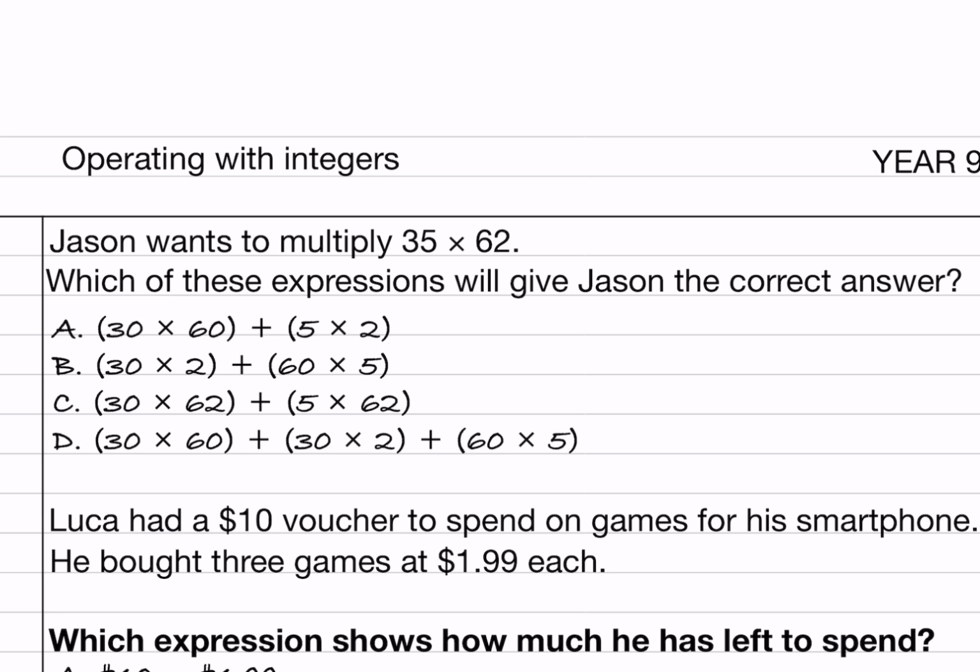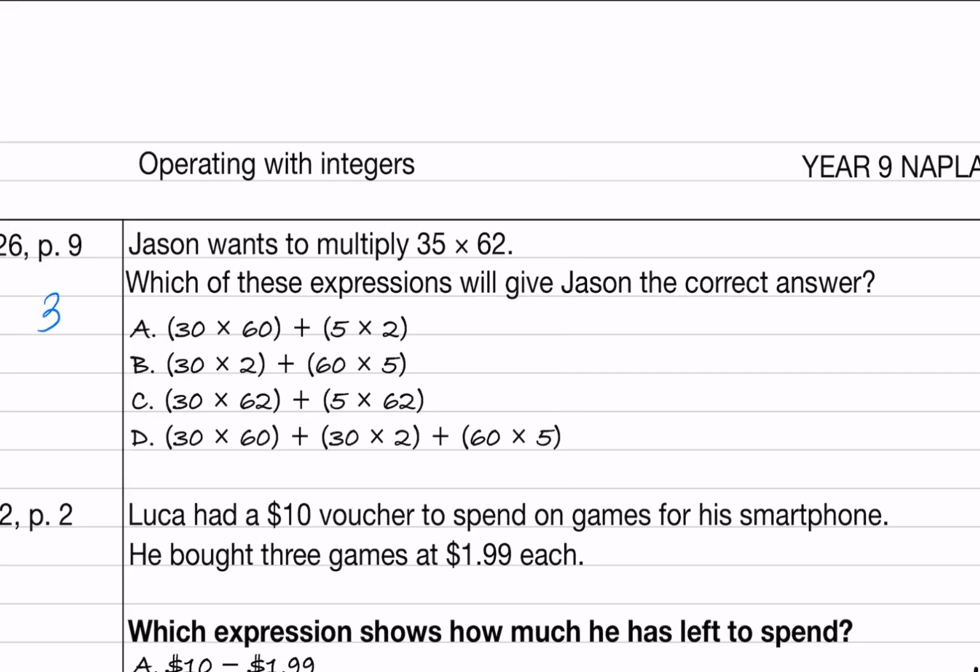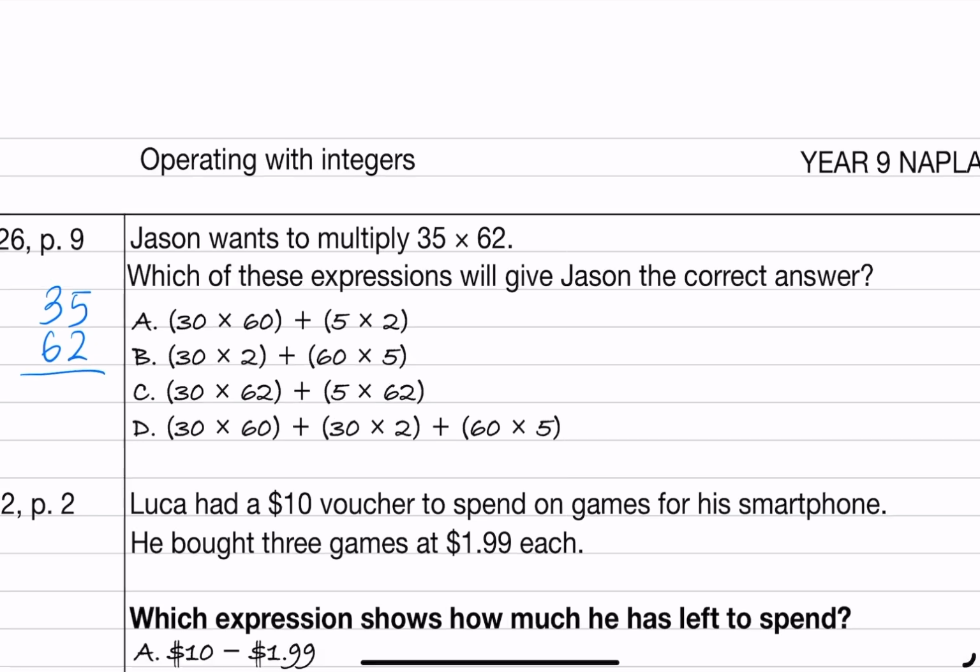So all we are working out is the expression that will give Jason the correct answer. We can't use a calculator, so we're going to have to multiply 35 by 62.